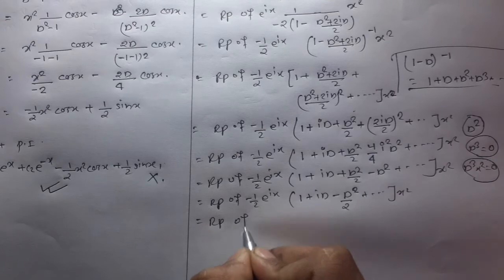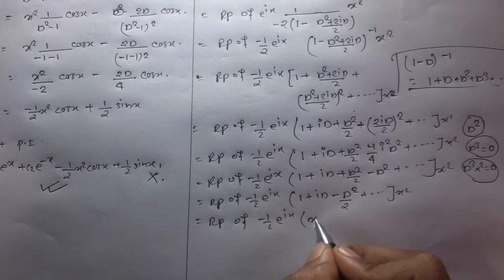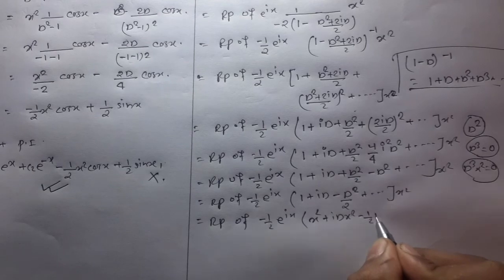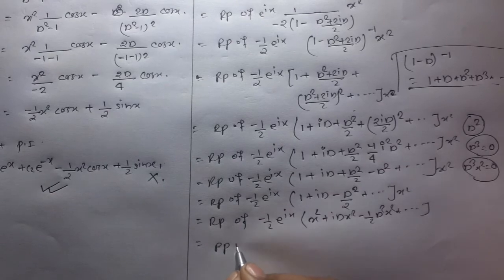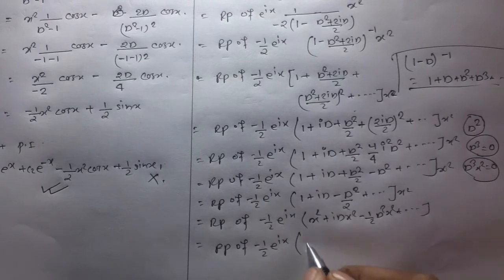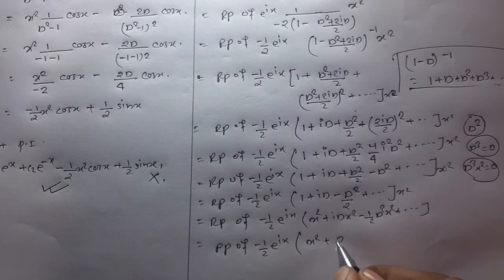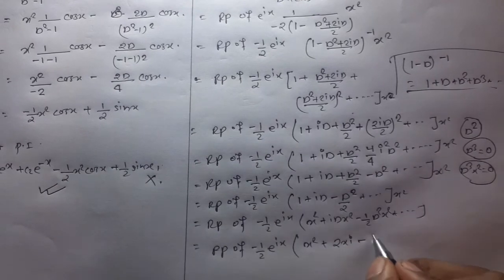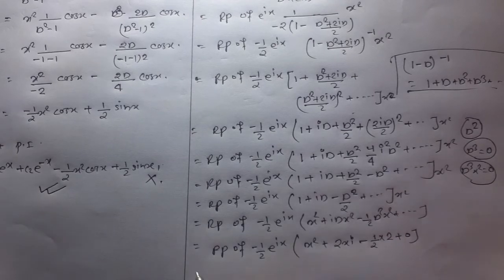So the real part of −1/2 e^(ix) [x² + iDx² − 1/2 D²x² + ...]. So this is the real part of −1/2 e^(ix) [x² + 2ix − 1/2 · 2 + 0].